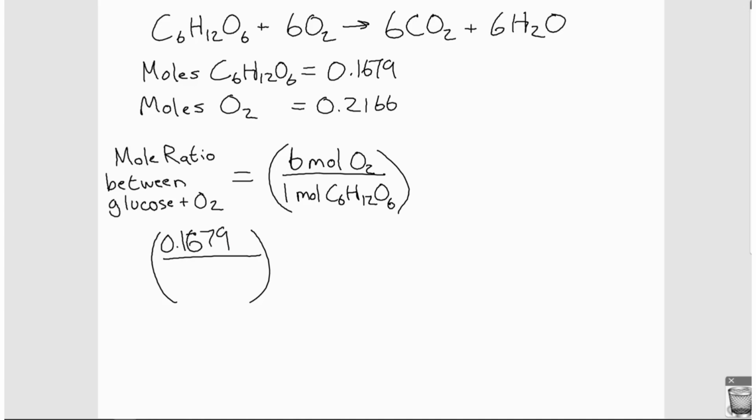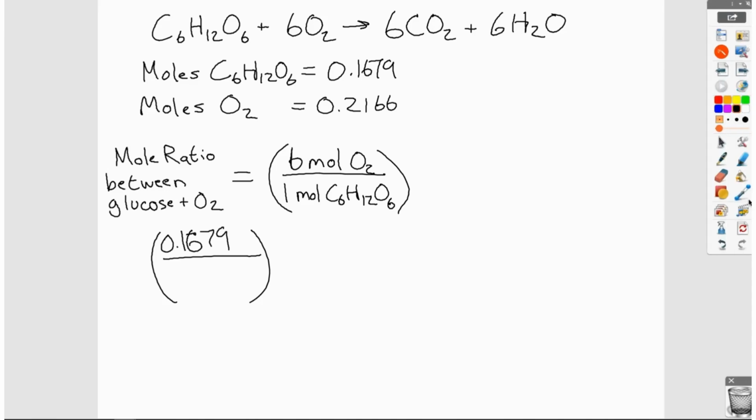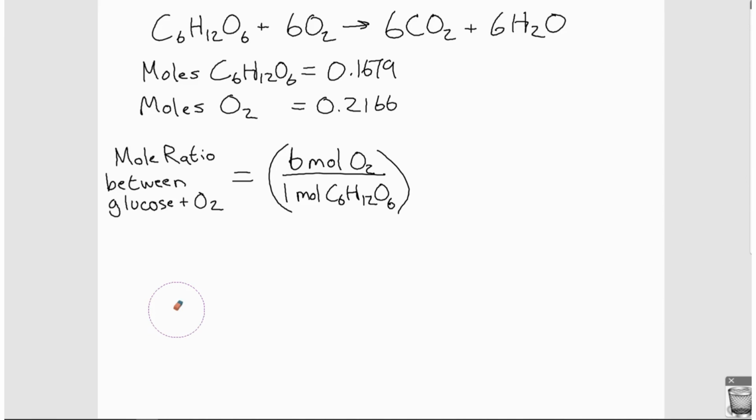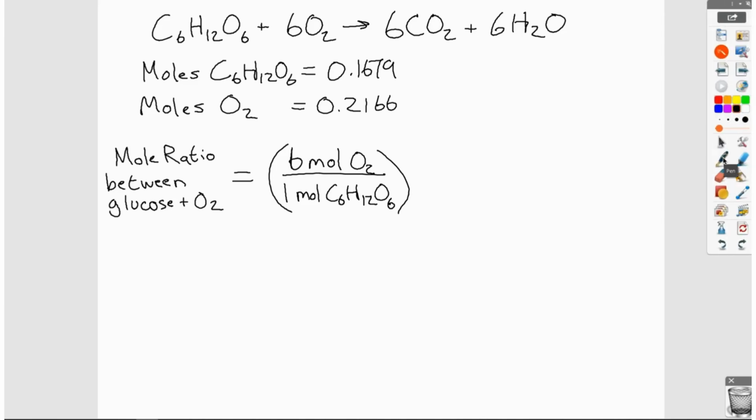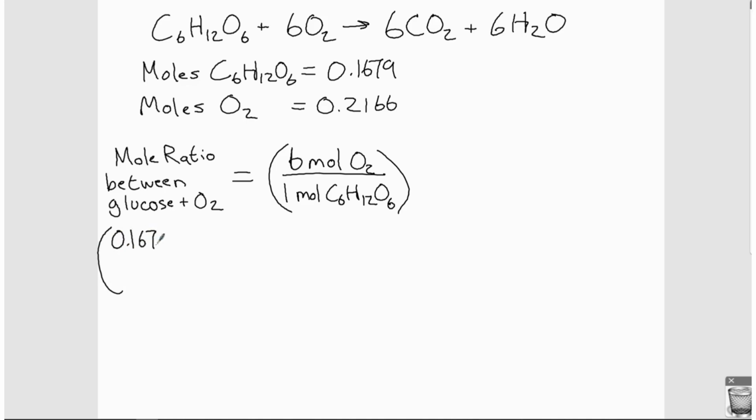If I do this, my answer should be the number of moles of oxygen that will react with 0.1679 moles of glucose. Okay, so once again, I'm going to take my actual number of moles of glucose and convert it using the molar ratio of glucose to oxygen into moles of oxygen. And that will tell me how many moles of oxygen are needed to react with that many moles of glucose. And then we'll see if I have more or less than that. If I have more of my oxygen than is needed, then our limiting reactant will end up being the glucose.